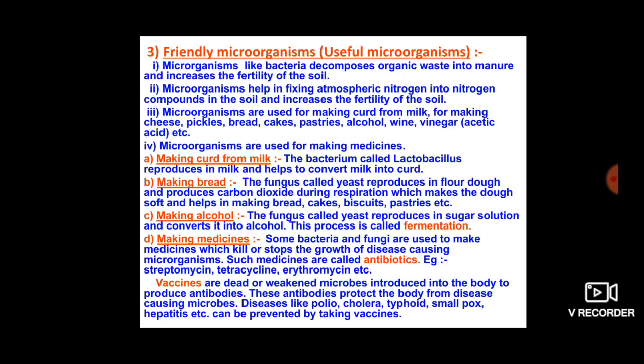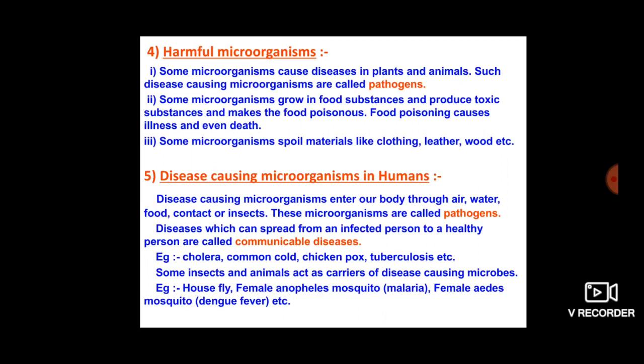So this is the useful information regarding eco-friendly or useful microorganisms. See children, the next one is harmful microorganisms. Apart from the useful microorganisms we discussed right now, some microorganisms are also very harmful to us. Which are those?